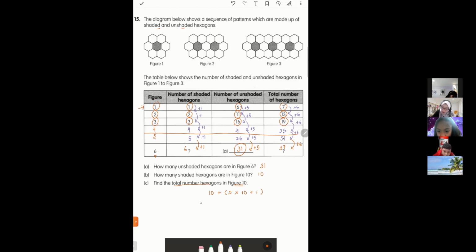It is from the unshaded hexagons. You times it with 10. And then plus 1 is the shaded hexagon. So here is unshaded, this one is your shaded. When you do this properly, you get 10 plus 51 equals to 61. How many total hexagons in figure 10? 61. That's your answer.